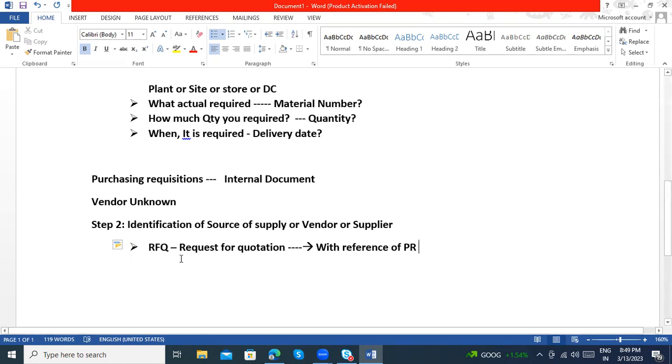Purchase requisition. So a request for quotation is one document we prepare to send information to the vendor, with reference to the purchase requisition, about what exactly is required.